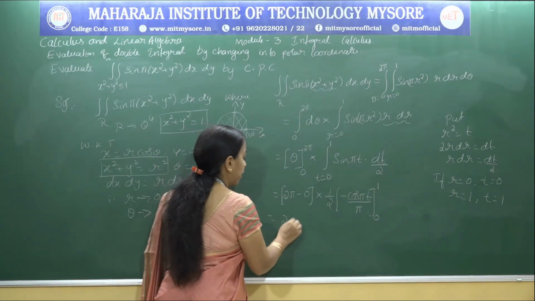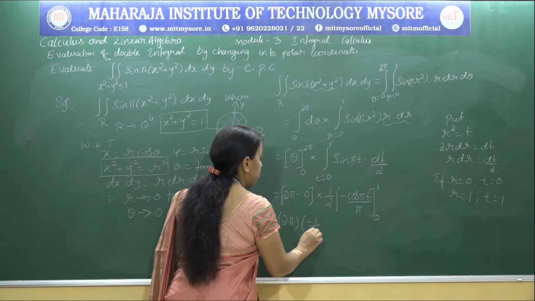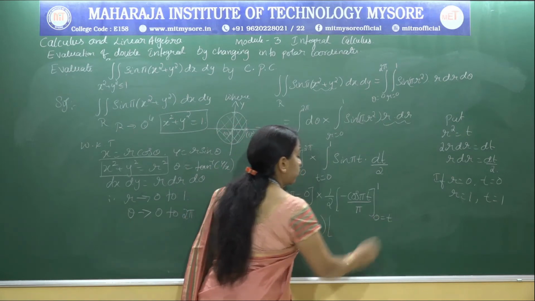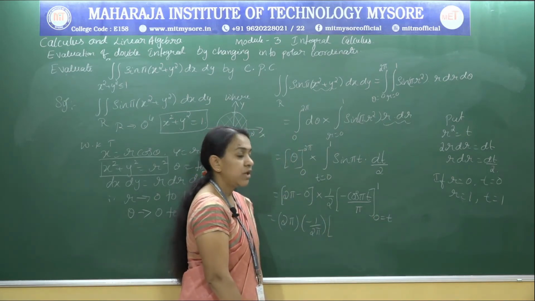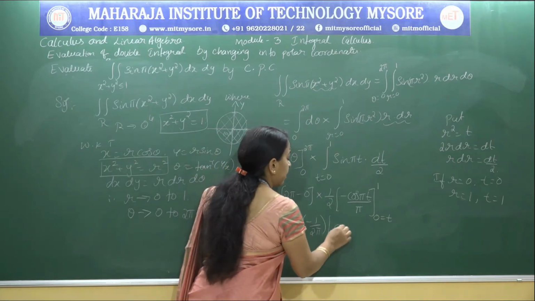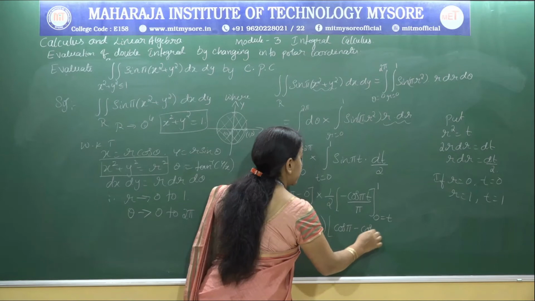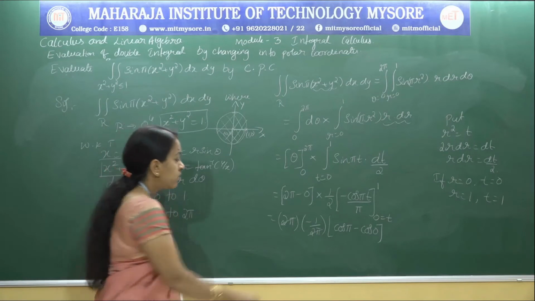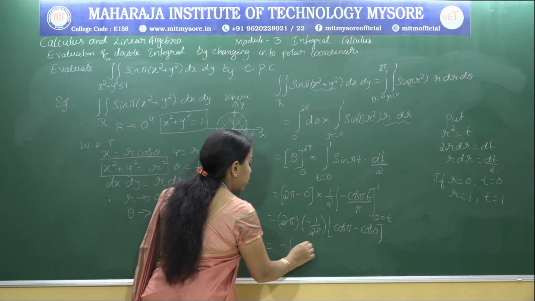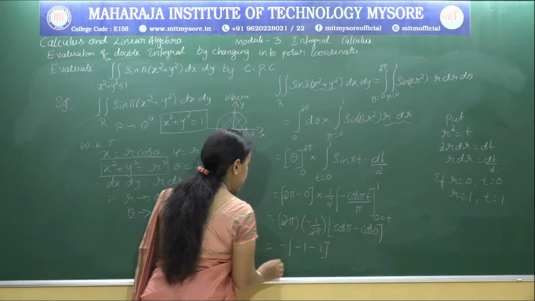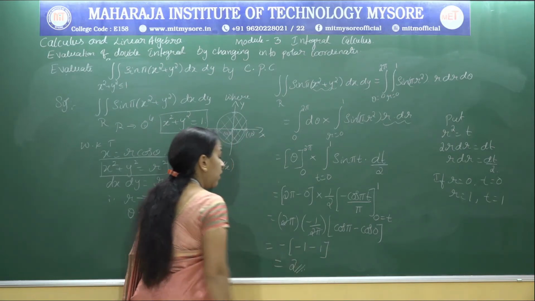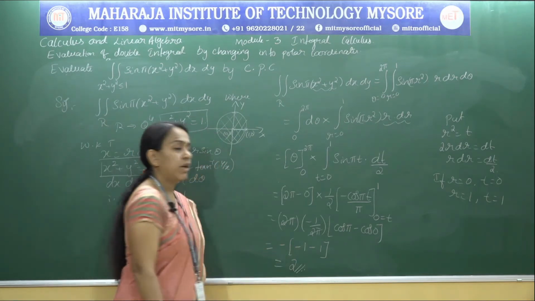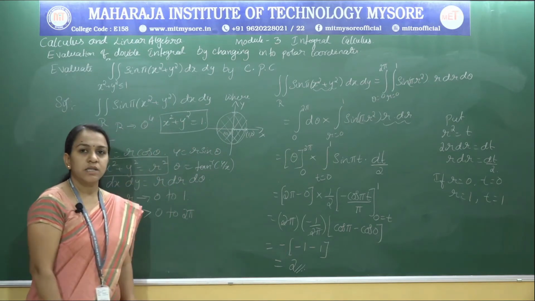Or we have 2 pi into minus 1 by 2 pi common; apply the limit, in place of t substitute 1 as the upper limit, and in place of t the lower limit is 0. So cos pi t is cos pi minus cos 0. I can cancel 2 pi and 2 pi, so that we remain with minus of cos pi minus cos 0. Cos pi is minus 1, cos 0 is 1, so minus of minus 1 minus 1 is minus of minus 2, which is plus 2. So the evaluated result is 2.